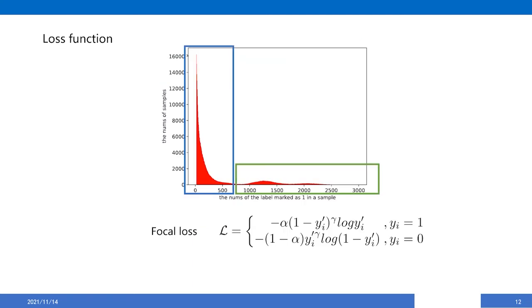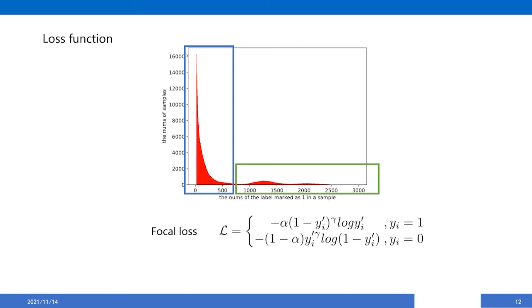Observing the training samples, we found that the positive and negative labels in the samples are seriously unbalanced. Specifically, there are far fewer labels marked as 1 than labels marked as 0. This figure shows the relationship between the number of labels marked as 1 in a sample and the number of samples.